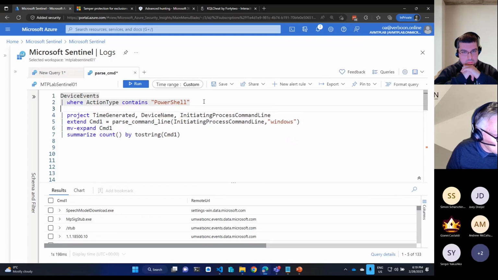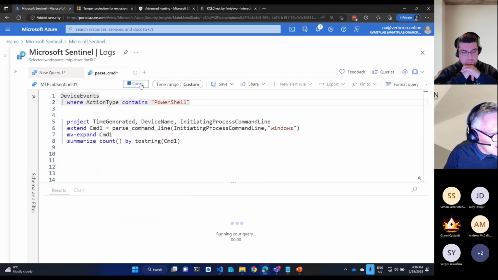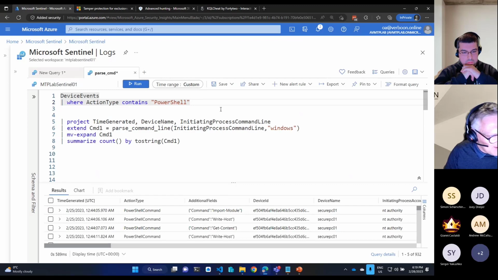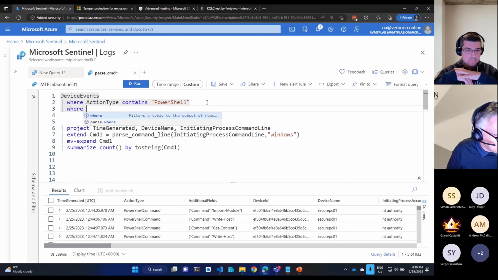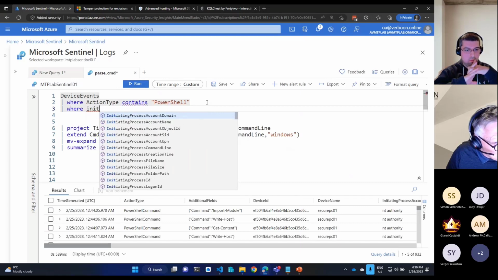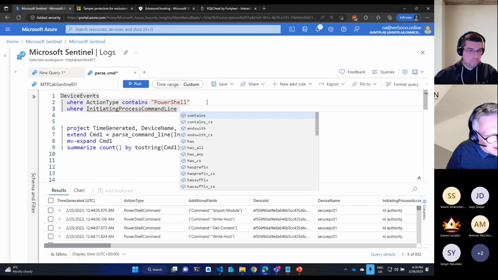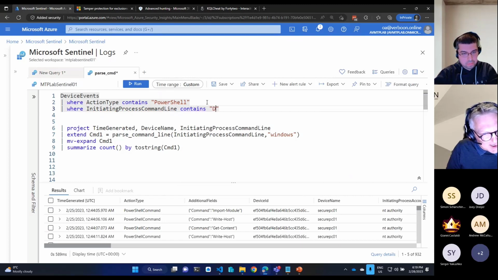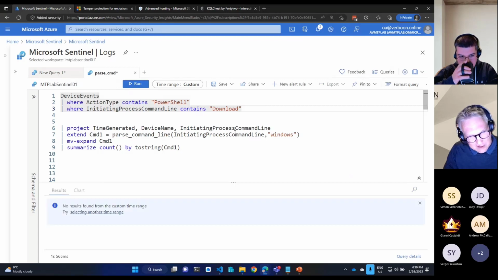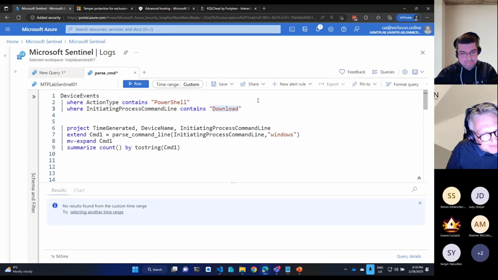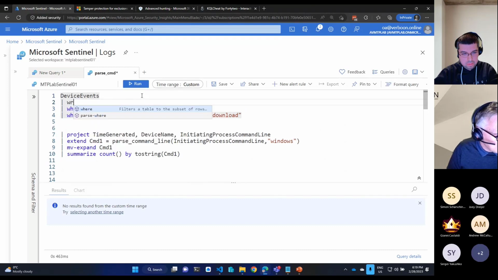So, if I say, okay, I'm just going here and I say, okay, device events, PowerShell, of course, I could do something like, where initiating process command line contains download. If you know what you're looking for, that's perfectly fine.